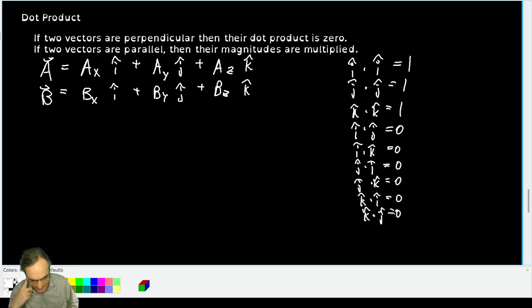If we imagine taking these vectors and trying to multiply them together, if we're trying to multiply the I hat component by the J hat component, we're going to get 0. So any cross components will die out. I dot J, I dot K. So when we try and do vector A dot vector B, let me take this and move it down actually where I have lots more space.